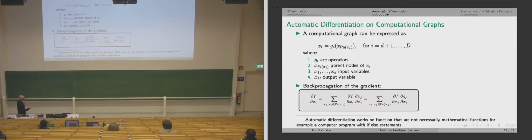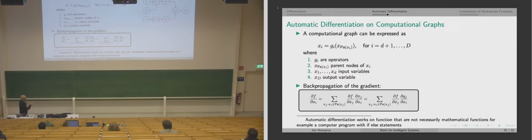Now, you can write down backpropagation of the gradient as a simple algorithm, or formula, which is saying that the partial derivative of f with respect to any of the input variables is going to be the sum of the chain rule applied to f with respect to all the parent nodes of that layer, defined by xj, and then you sum over all the different layers.